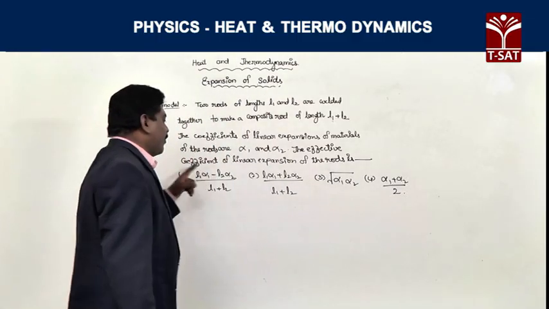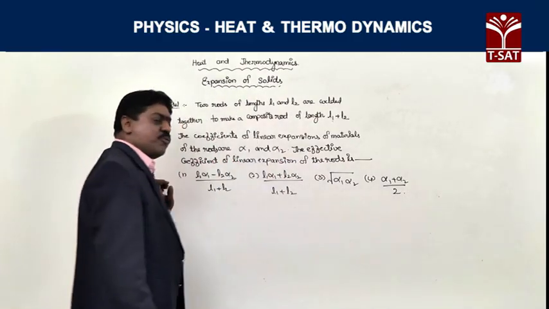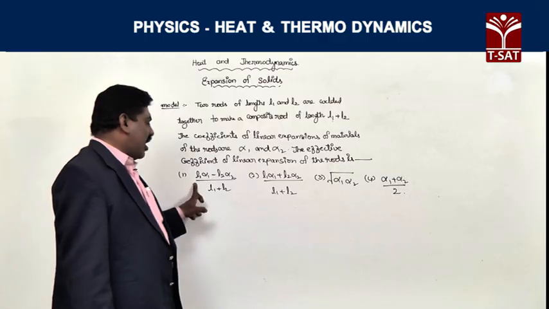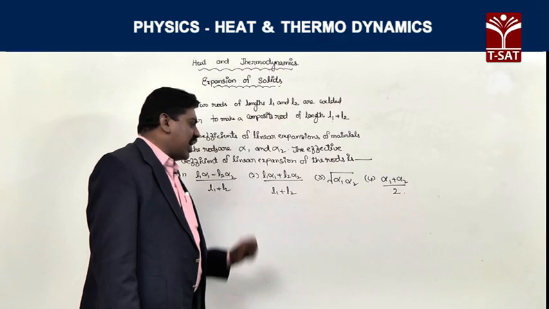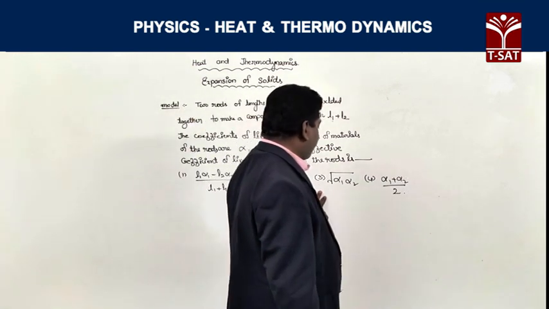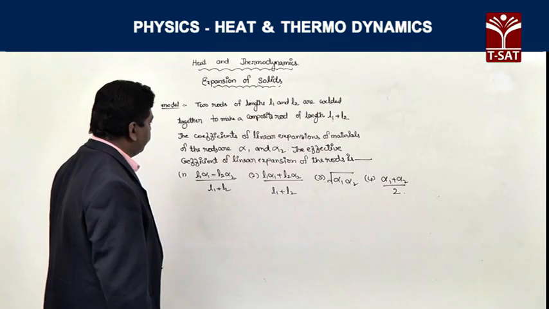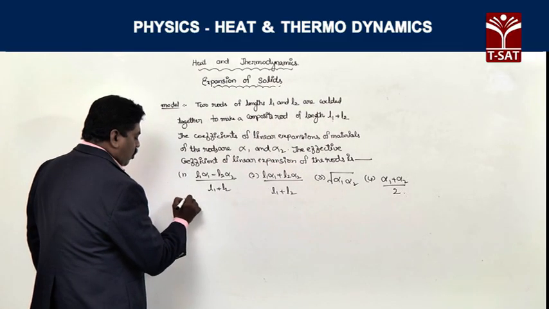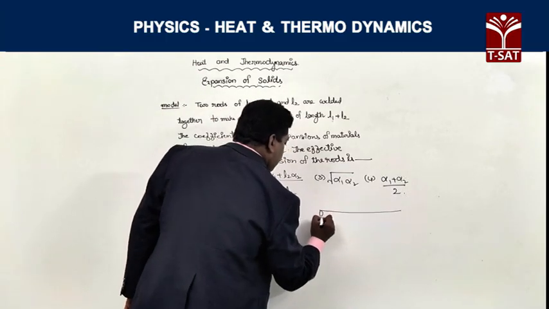The effective coefficient of linear expansion of the rod is, we are given the options as L1 alpha 1 minus L2 alpha 2 by L1 plus L2, L1 alpha 1 plus L2 alpha 2 by L1 plus L2, square root of alpha 1 alpha 2, and alpha 1 plus alpha 2 by 2. Okay. Now, we are given that the two rods are welded.